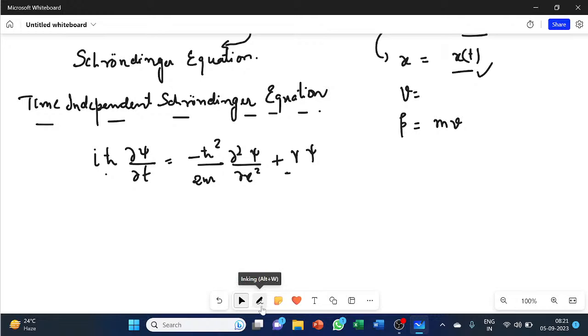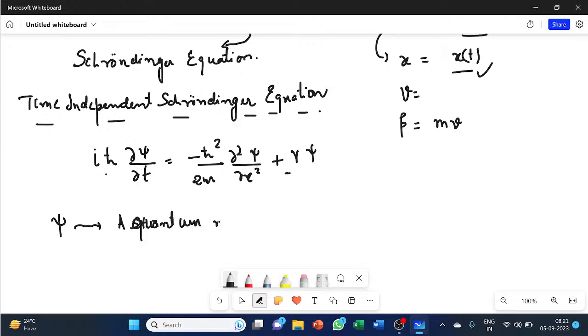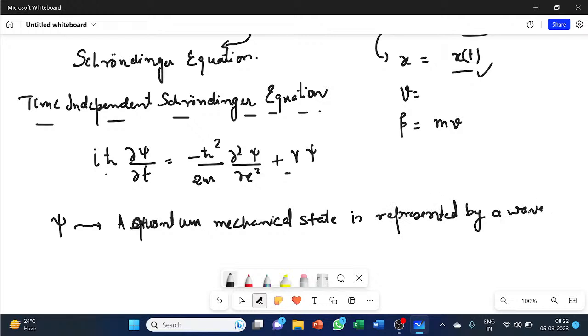But first understand what this psi represents. A quantum mechanical state is represented by a wave function.